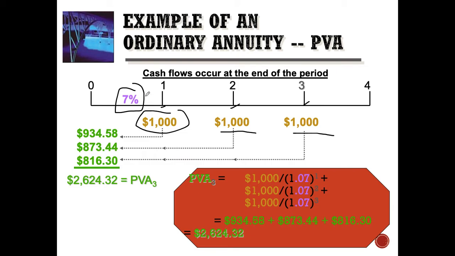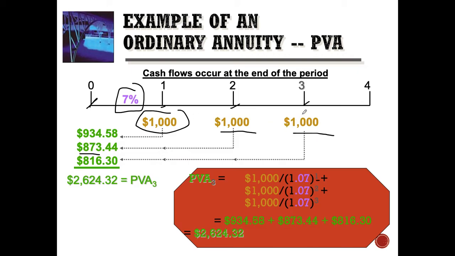So for present value, we want to know here at the end of period 1, 1000 is equal to 934.58. It comes from 1000 per 1.07 to the power of 1. And for this one, 1000 at the end of year 2 is equal to $873.44 today, present.